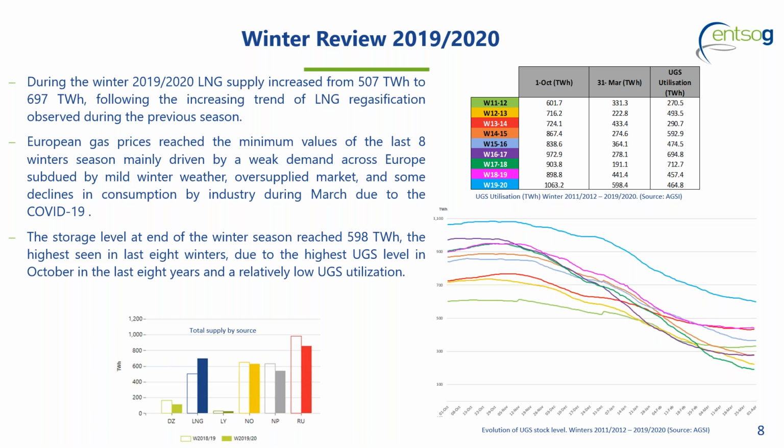Then we have an oversupplied market, and on top of that, in the end part of the winter, from March, we are observing a drop in demand because of the preventive actions taken for the COVID-19 pandemic situation. So in March, demand dropped as well. That was the summarization for the review.